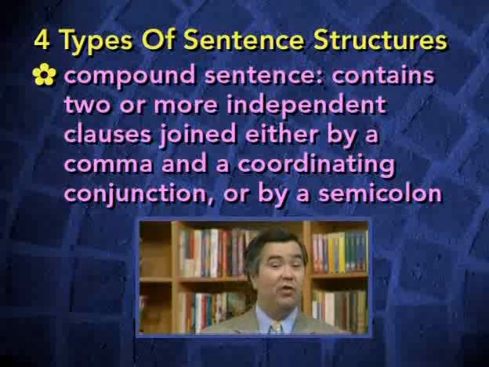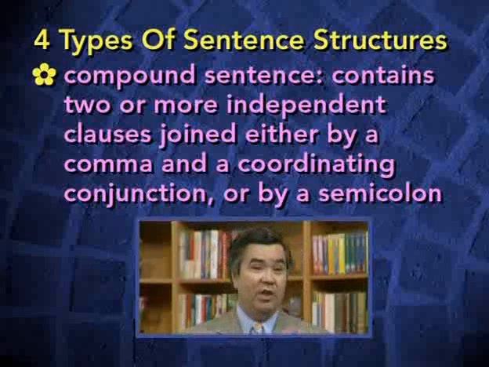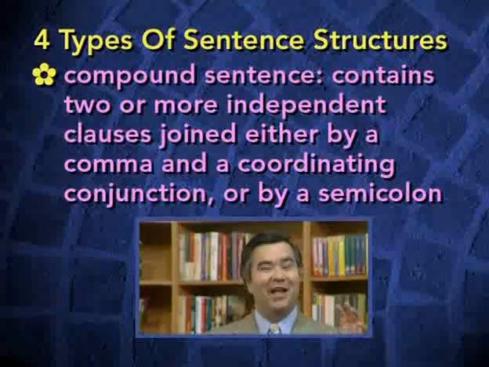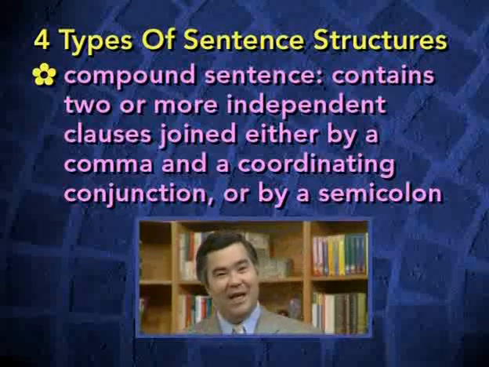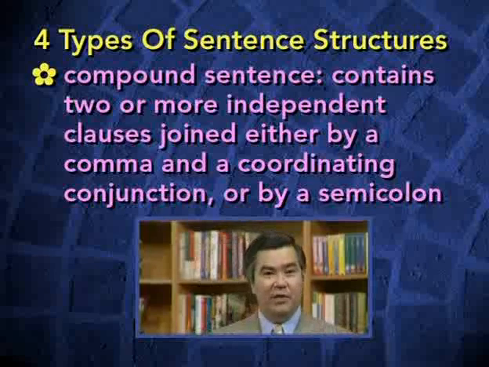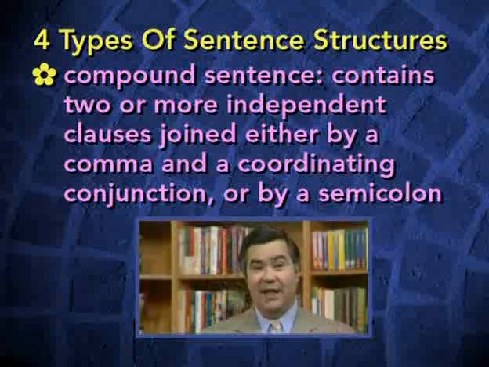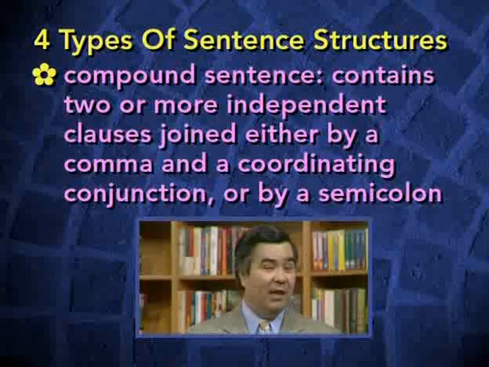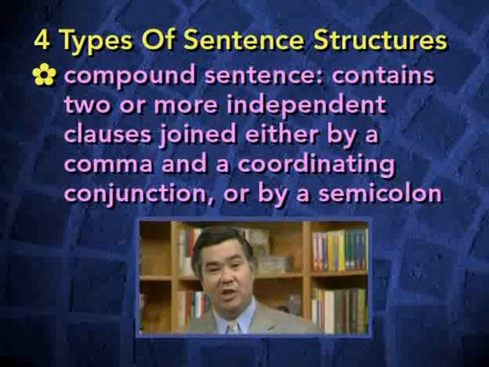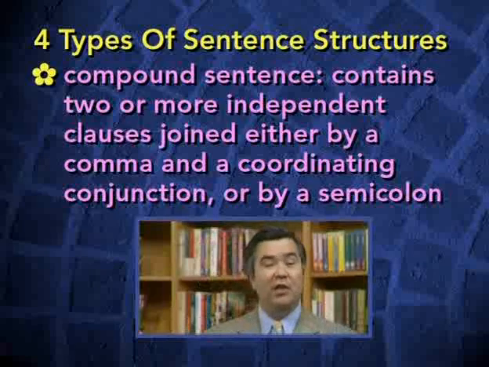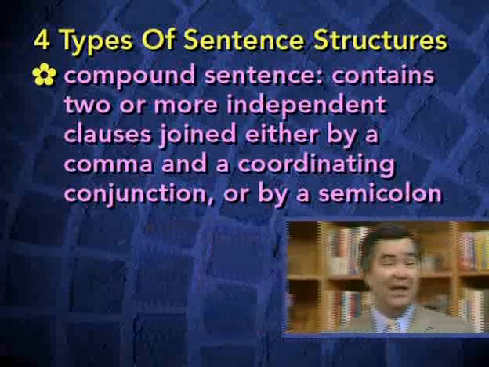Now, when you have 2 independent clauses and you want to join them together, you have to do it according to certain rules. And there are basically 2 alternatives, 2 ways of making that connection. One way of making the connection is by using a comma and a coordinating conjunction. There are a few different words that are called coordinating conjunctions.